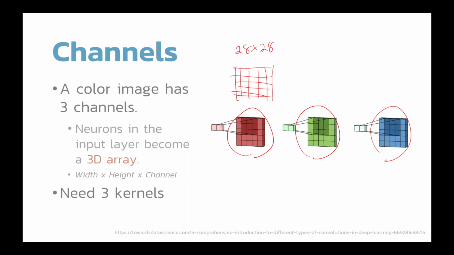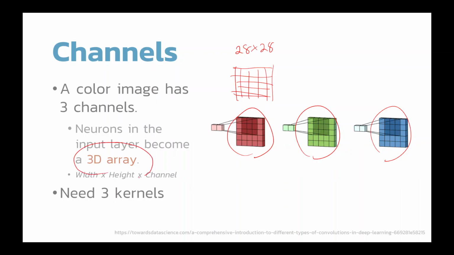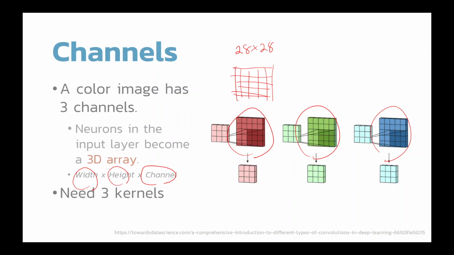It's called a channel, so you end up with a 3-dimensional array. Even one image becomes a 3-dimensional array because it has the width, the height, and the number of channels. Usually it's 3 channels for a color image.